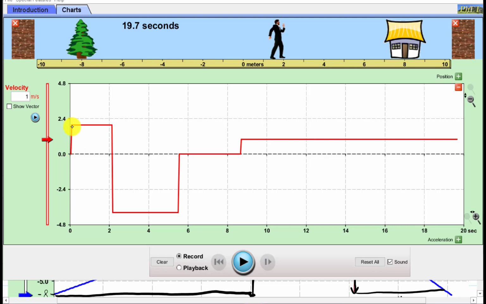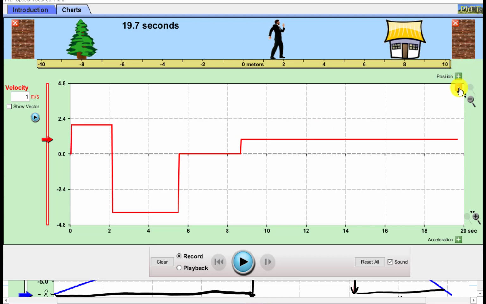This just means he's traveling at 2, and then he's traveling at -4 or -3 maybe. Then he stopped. Then it looks like he's traveling at 1. But by looking at just the graph, you can't tell where he is.